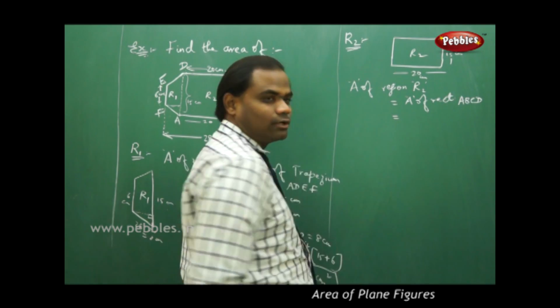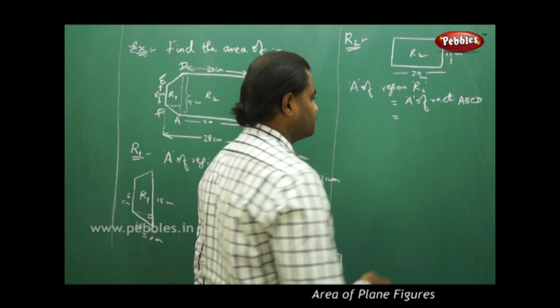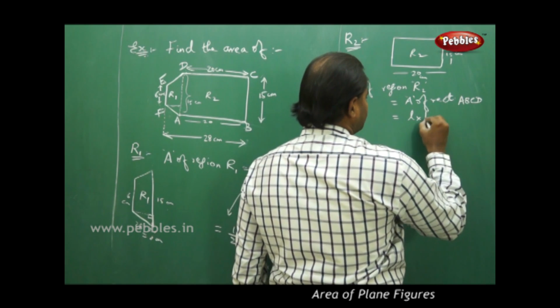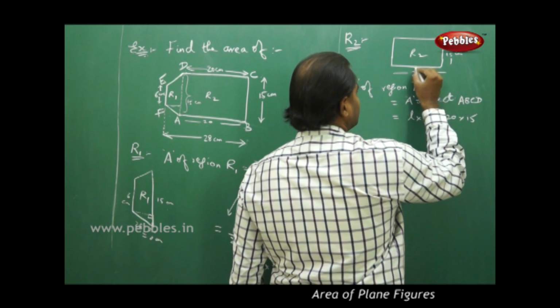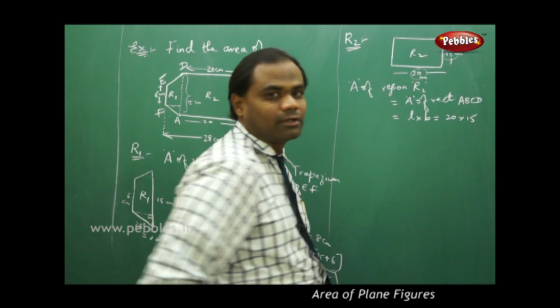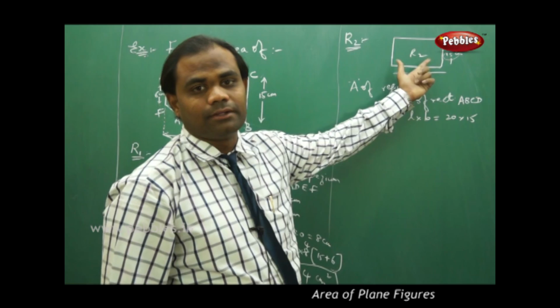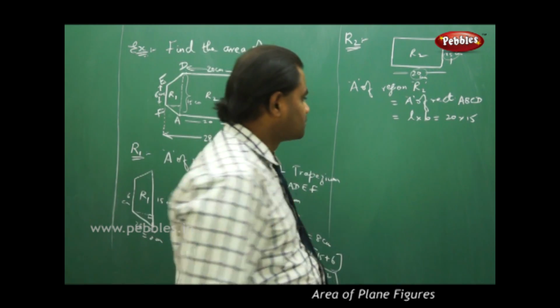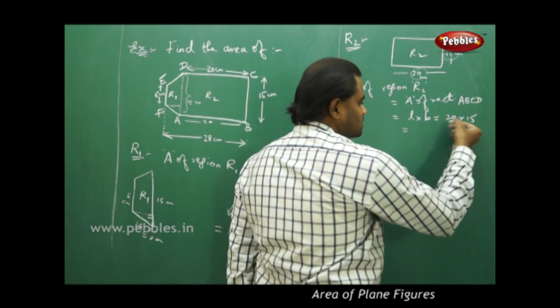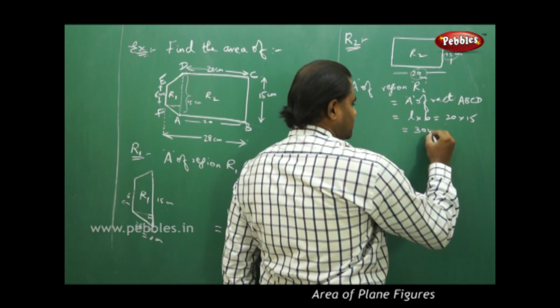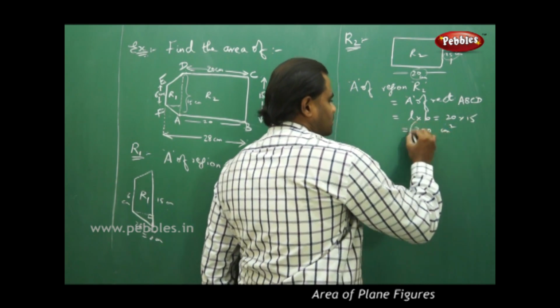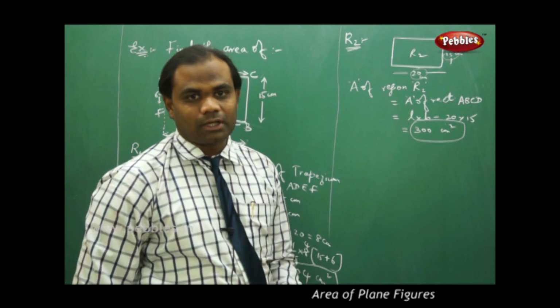The area of a rectangle is length into width, which is 20 times 15, because my length is 20 and my width is 15, as can be clearly seen in the diagram. On further simplification through the product, this gives 300 centimeters square, the area of region R2.